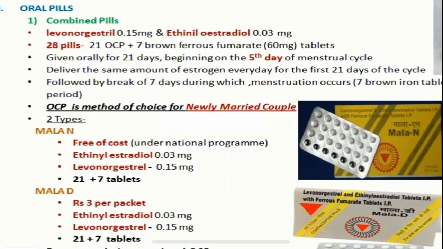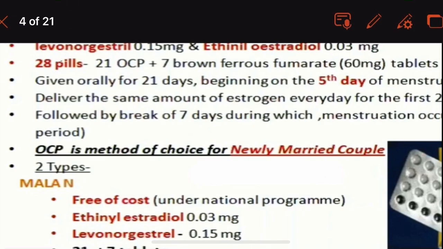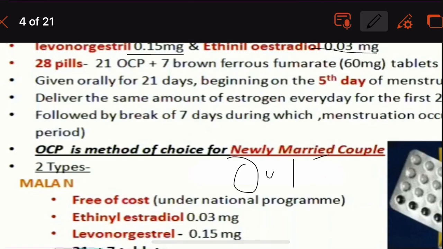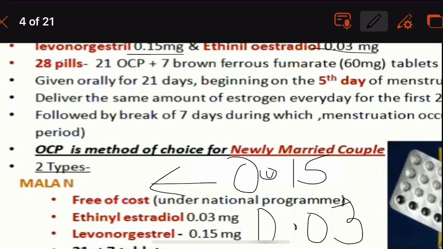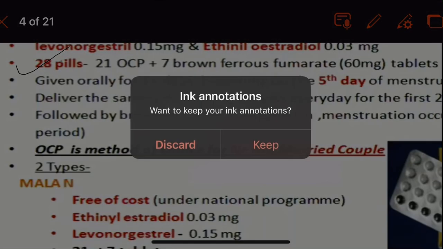You have to remember levonorgestrel 0.15 mg and ethinyl estradiol 0.03 mg. 0.15 is levonorgestrel, and 0.03 mg is ethinyl estradiol. It contains 28 pills.